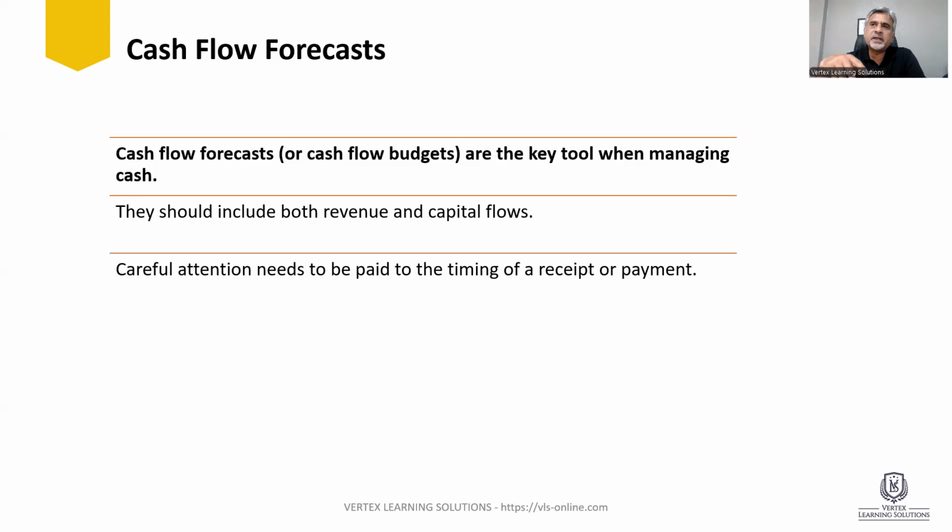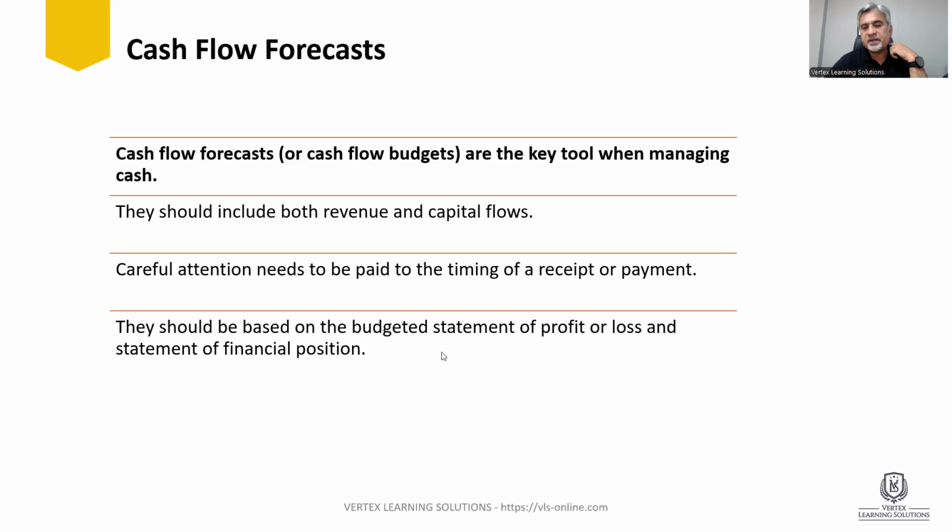So it is possible that your sales composition is like 30% cash, another 30% pay in 30 days, another 40% pay in 60 days. If this is the situation, then on 100,000 sales in January, you will receive 30% in January, 30% in February, and 40% in March. So the timing of cash flow is very important.